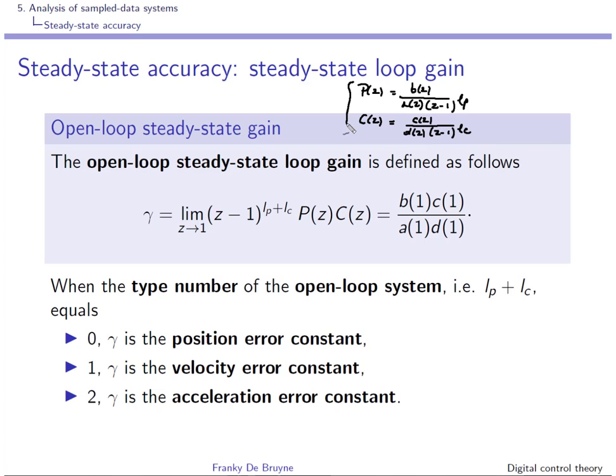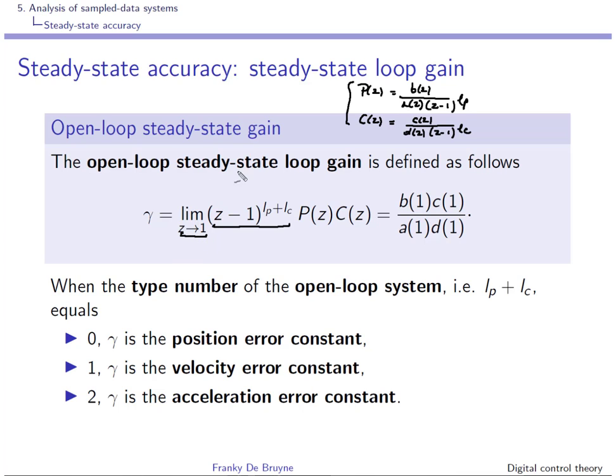What we'll call the open loop steady state loop gain really is to take this loop gain, so PZ times CZ, and then multiply by this quantity so that the influence of the integrators disappears, and then we take z that is tending to 1.